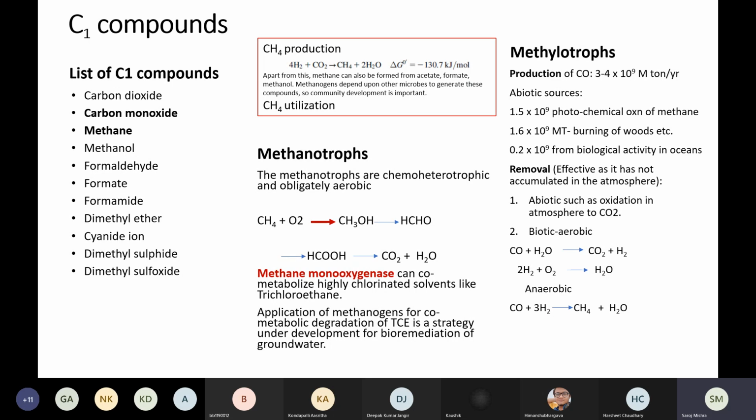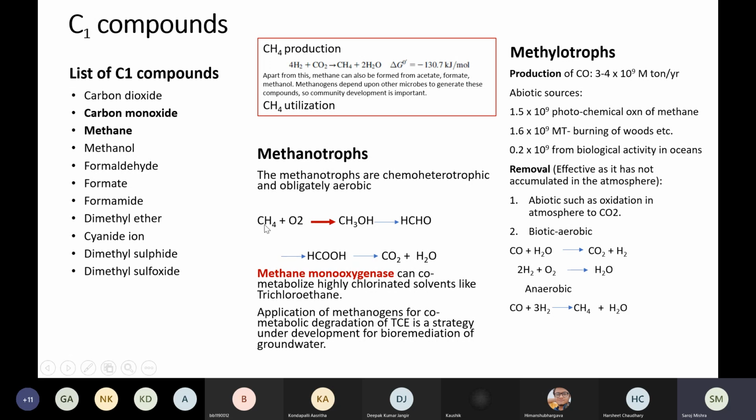I hope that distinction will be clear in your mind. Methanotrophs are the groups of microorganisms which break down only methane, and these are chemoheterotrophic and obligately aerobic. That is, you don't have anaerobic bacteria which can oxidize methane, simply because in order to have methane oxidized, oxygen is required.